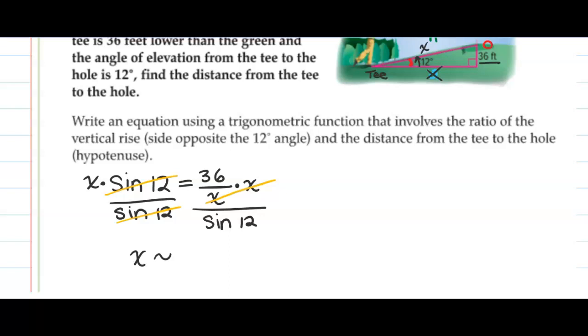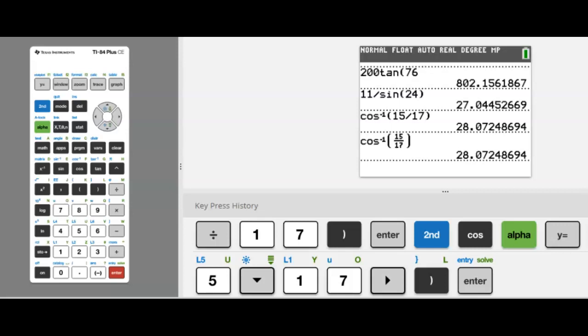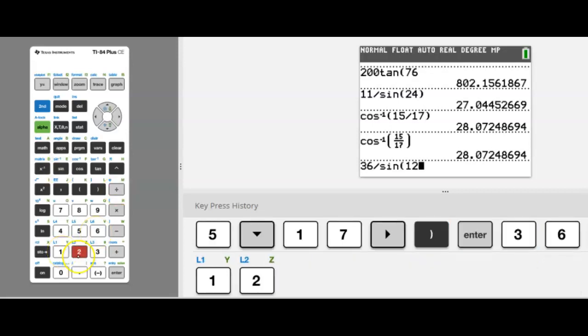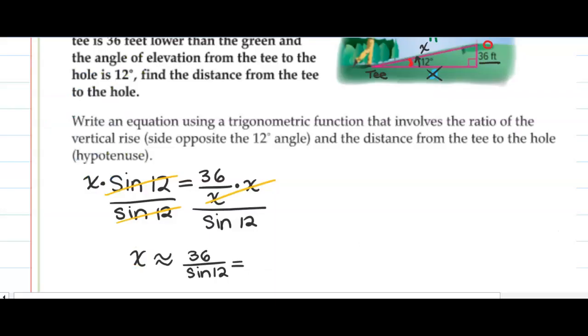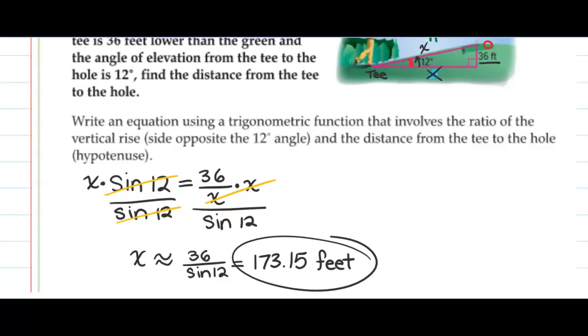So x is approximately 36 divided by the sine of 12, which is 173.15. And that would be in feet. Since these are real world problems, it's important to give some units.